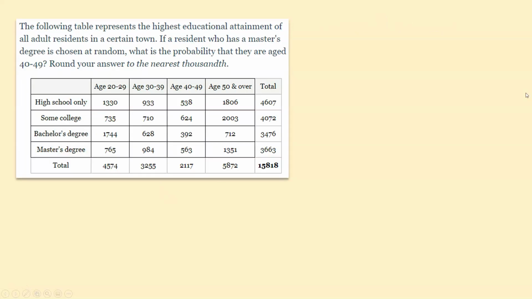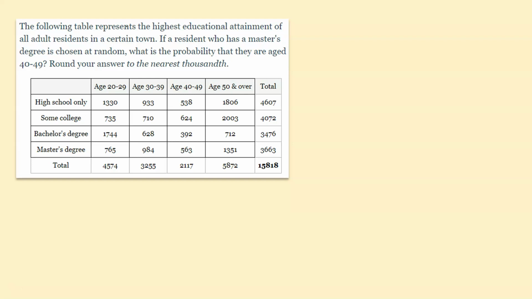And then we have this one. The following table represents the highest educational attainment of all adult residents in a certain town. If a resident who has a master's degree is chosen at random, what is the probability that they are aged 40 through 49? Round your answer to the nearest thousandth.